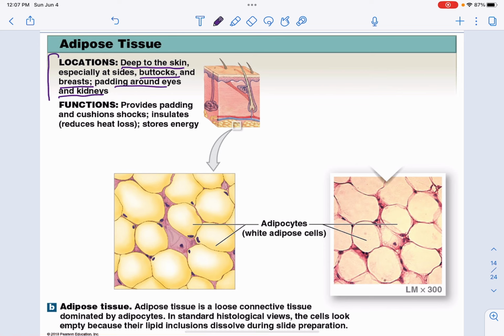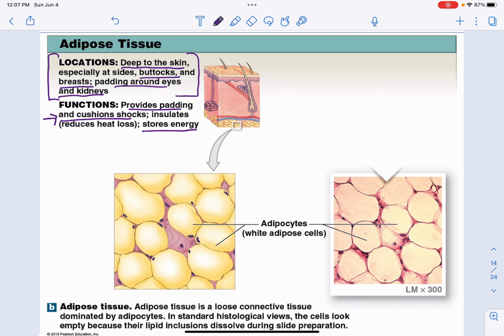So make sure that you can identify areas in our bodies that contain adipose tissue. The function of adipose tissue is listed here. It provides padding and cushioning, it helps with shock absorbance, it insulates, and it is also a great place to store energy.